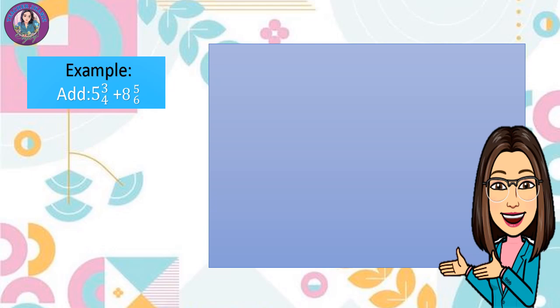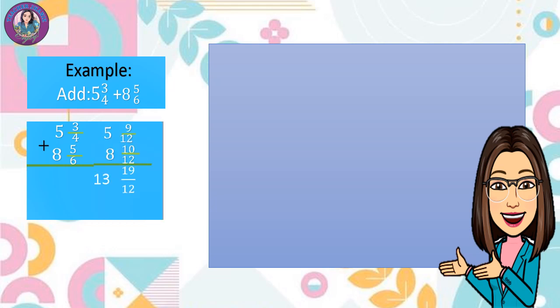Notice that the fractions have different denominators, so they are dissimilar fractions. First, we need to change them to similar fractions. So 5 and 3/4 plus 8 and 5/6, getting the equivalent fractions, that is 9/12 and 10/12.